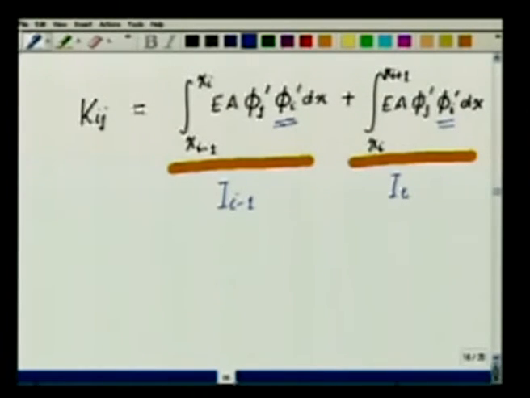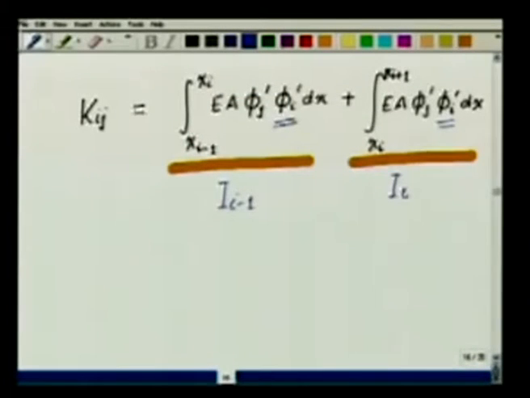Okay. Now the other question is, fine, the integral over the whole domain is now restricted to this integral over the two elements over which phi I is non-zero. Next, the question is that you look at these phi j's.